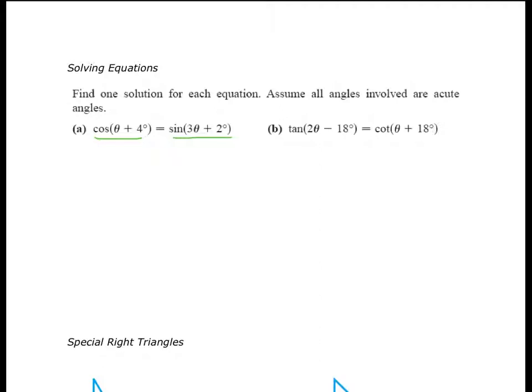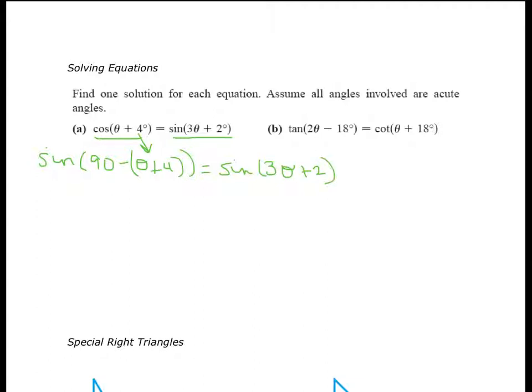So I'm going to change them both to sine. So I'm going to change the first one. Sine is going to be 90 minus parentheses theta plus 4. All I'm doing is plugging this in, equals sine of 3 theta plus 2.